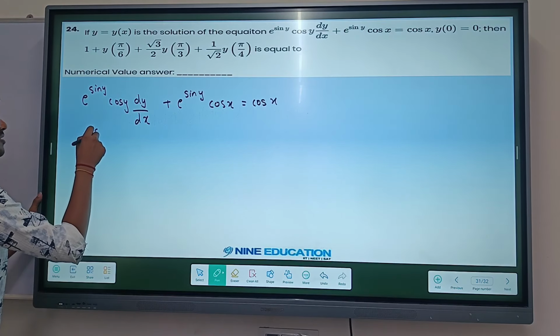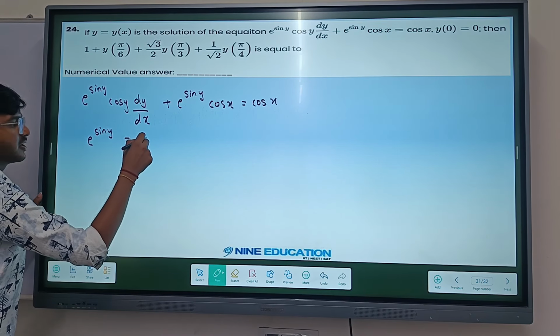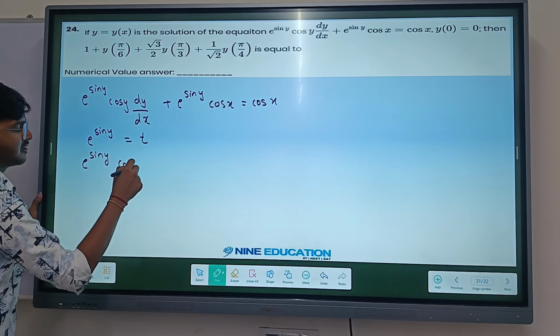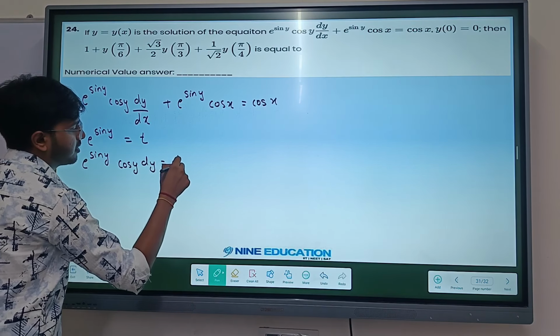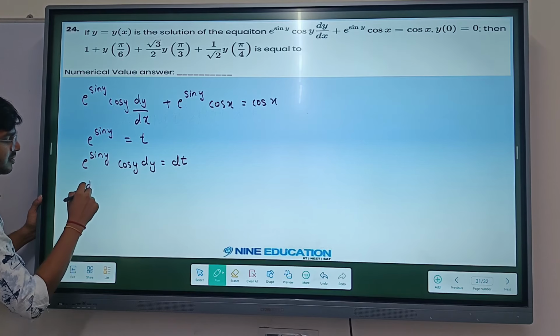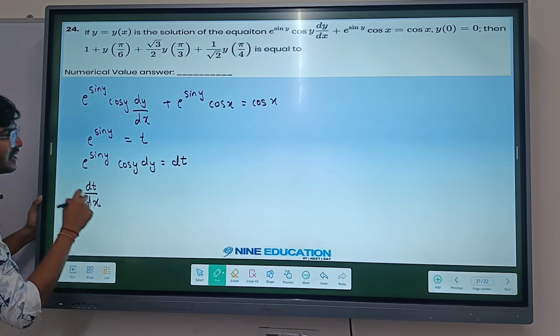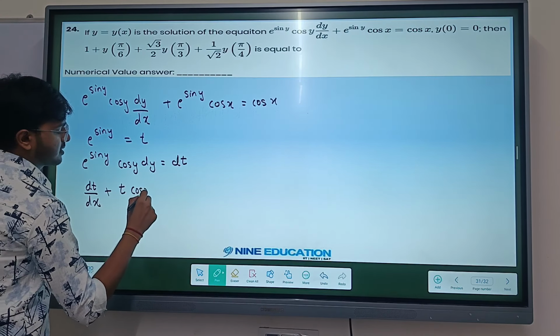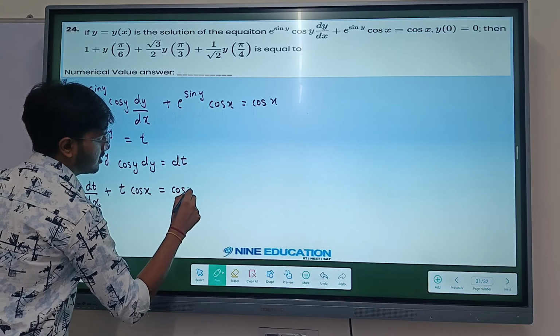If I take e power sin y as t, what is the differentiation of e power sin y? E power sin y, differentiation of sin y, cos y dy equal to dt. So instead of the whole of this, I can substitute dt by dx plus t cos x equal to cos x.